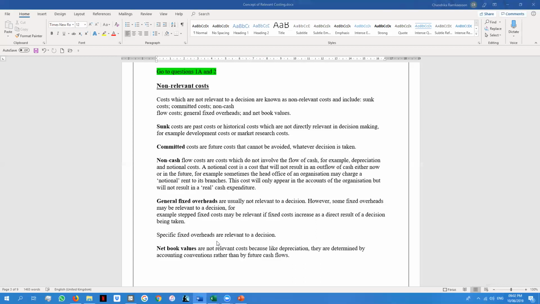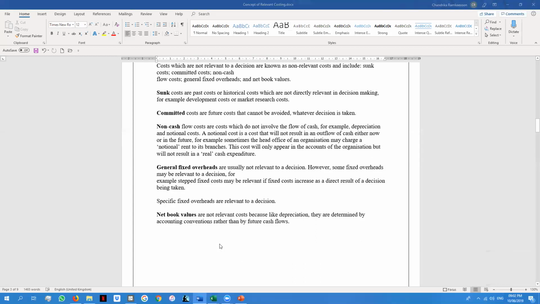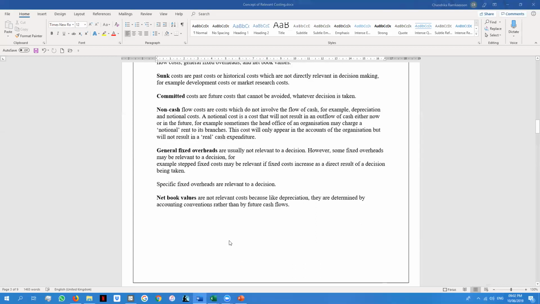And cash flows, of course, only include cash flow items. A loss on disposal will not be included there because it's a non-cash item. But we don't need to go that far, really.